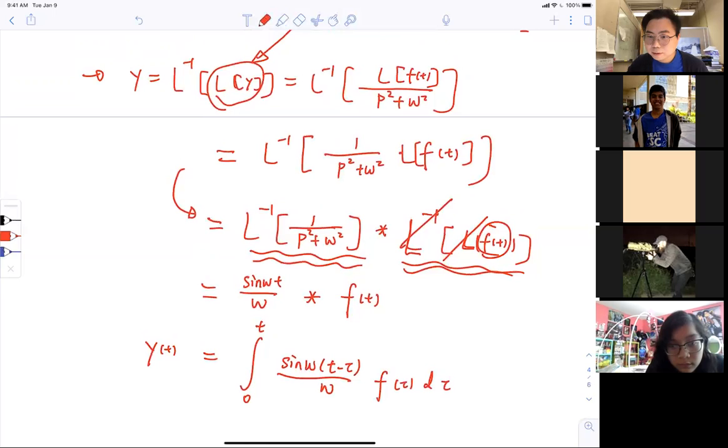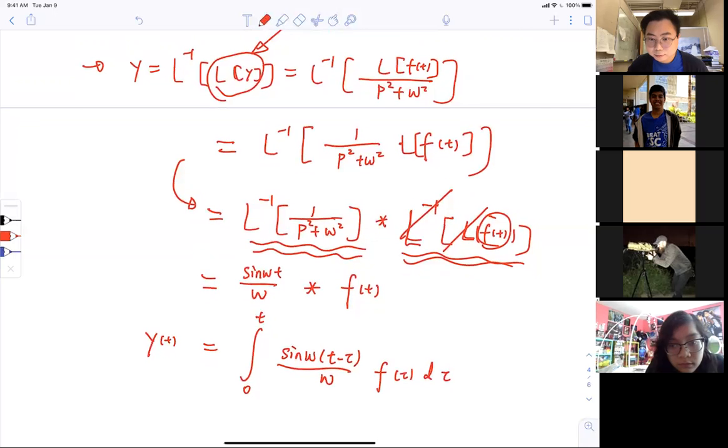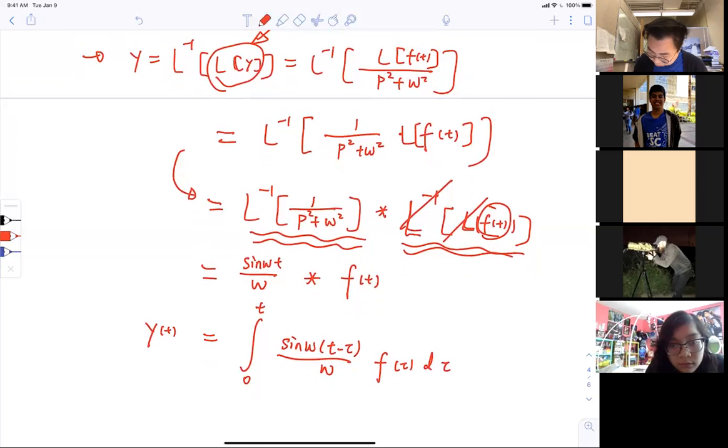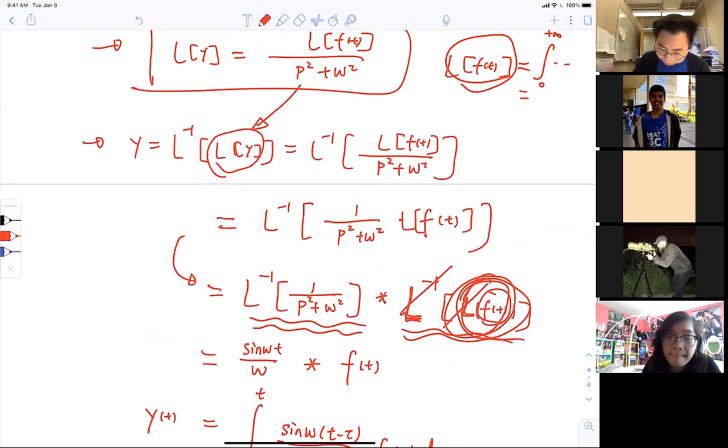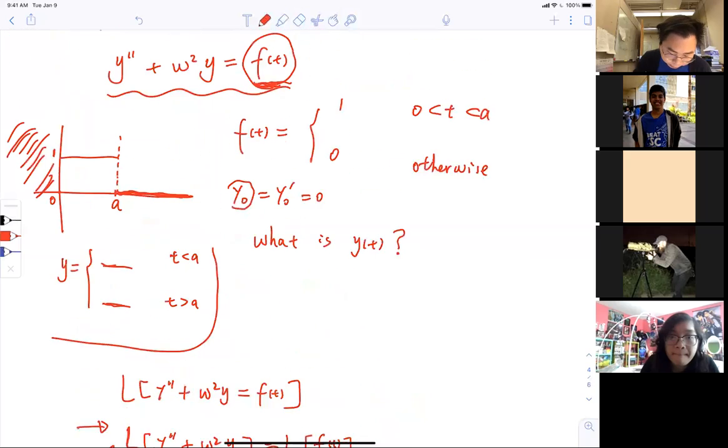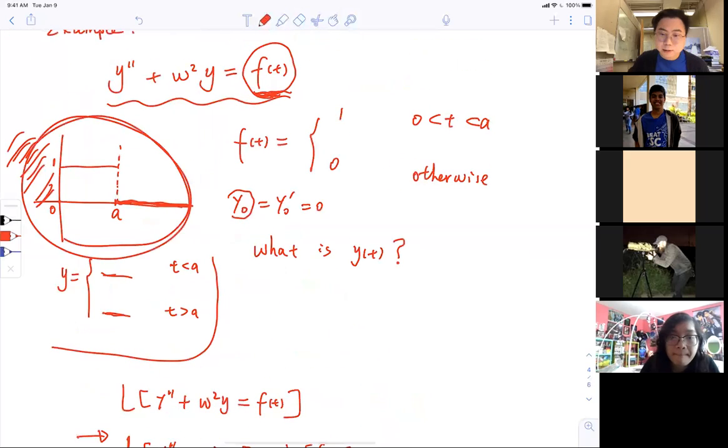The reason you're picking sine is because f is unknown. Is that right? Yeah. Okay. So here I didn't calculate this because I know that eventually I need to transform it back to the original space, so I just keep it as f(t). But we know what f(t) is. f(t) is a piecewise function like here.